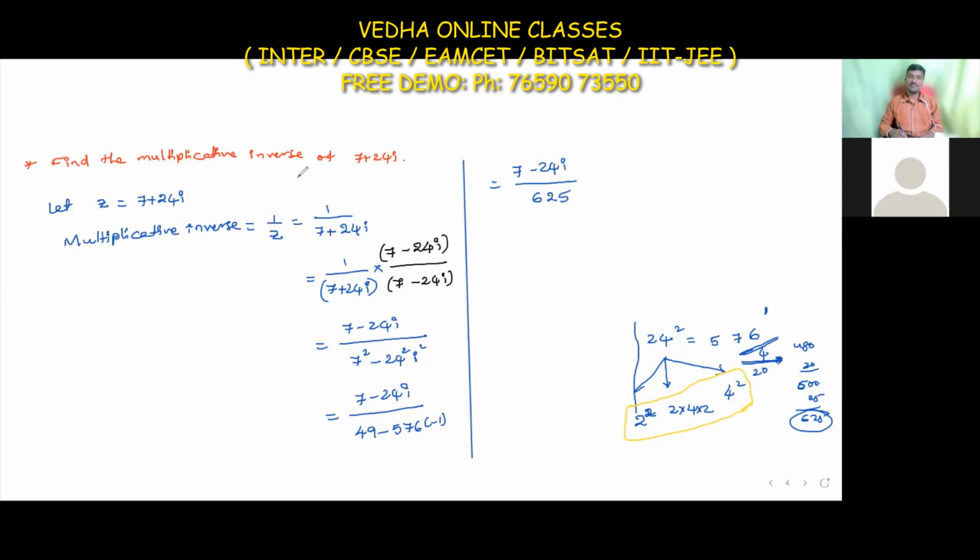Now, what is the question here? It is asking the multiplicative inverse of 7 plus 24i. This is only the multiplicative inverse. If you want it in the simplified a plus ib form, you can write it, but that is not compulsory. 7 divided by 625 plus i into minus 24 divided by 625, or we can write 7 by 625 minus 24 by 625 i.